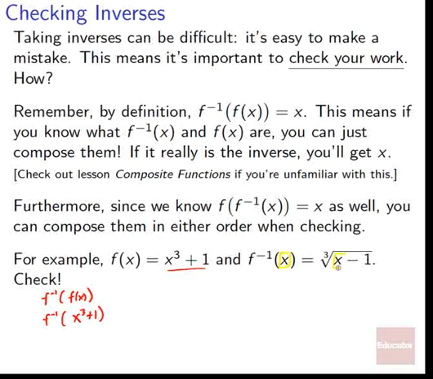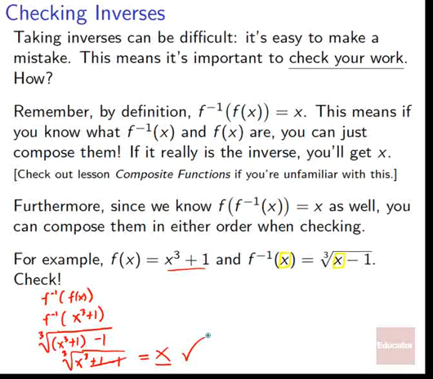Whatever's in the box just goes to the box over here. So f inverse becomes cube root, where's the box go? x cubed plus 1, that's our box, minus 1. So cube root of x cubed plus 1 minus 1. Plus 1 minus 1 cancels. Cube root of x cubed equals x.